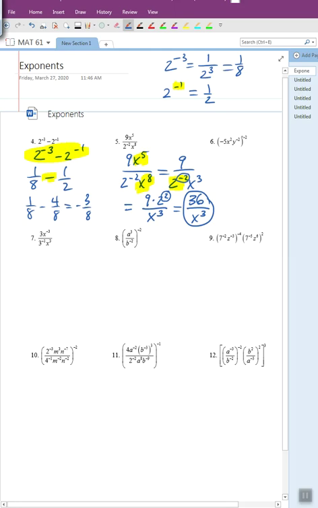Okay, so this one here says negative 5x squared y to the negative 2, all to the negative 2.